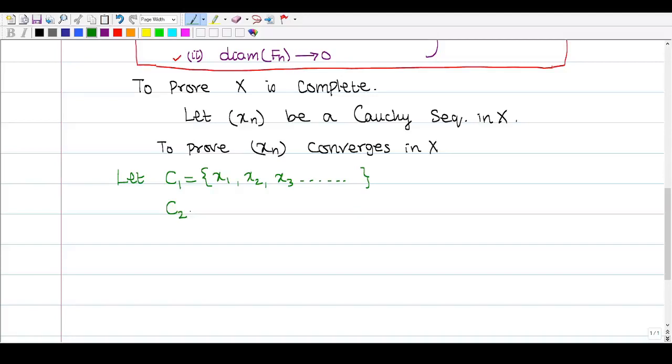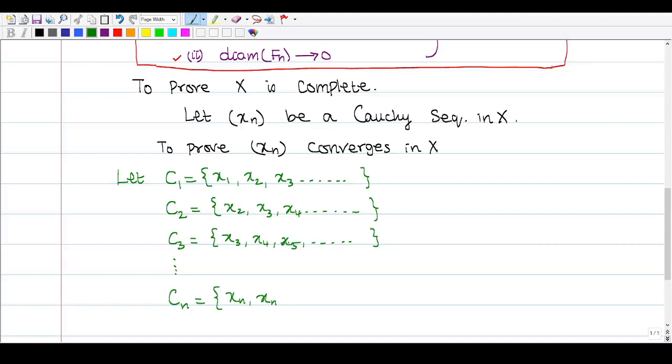C2 அப்படிங்கற செட் starting from x2, x3, x4 இப்படி போகும். And C3 is x3, x4, x5. In general, Cn is xn, xn plus 1, xn plus 2, and so on.